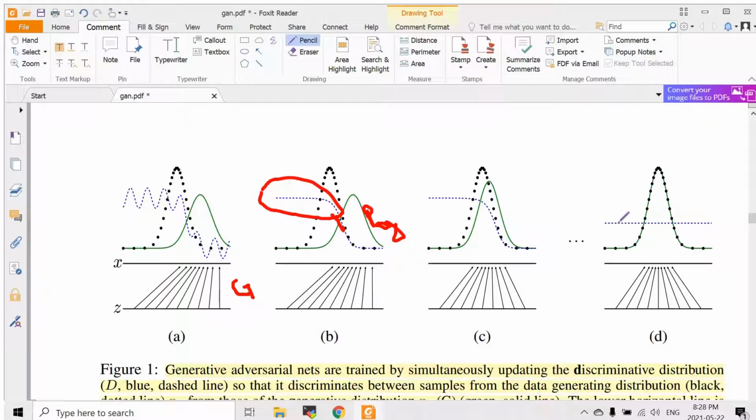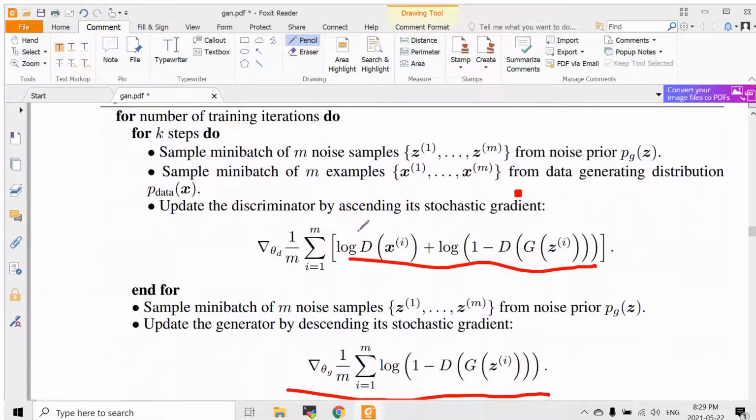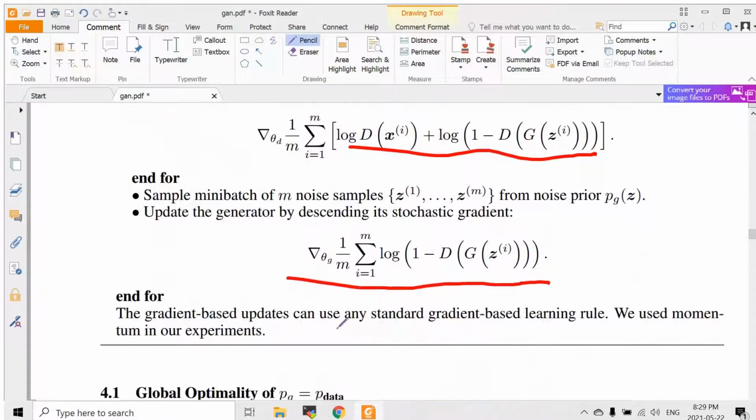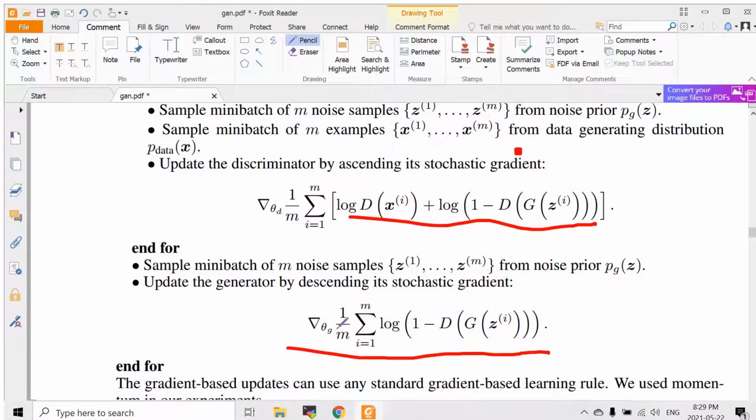And eventually, the discriminator has a probability of half for every newly encountered data point, and this is when the data distribution is captured. And by the way, you use logs because the mathematics is easier with logs, and it helps with the chain rule as well.